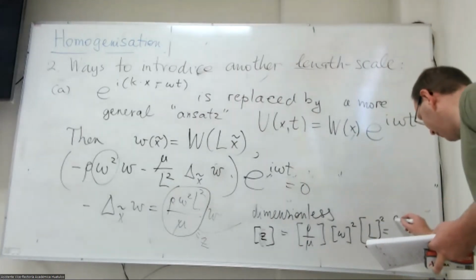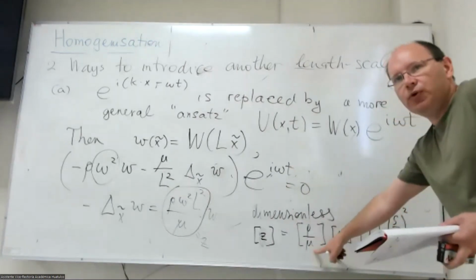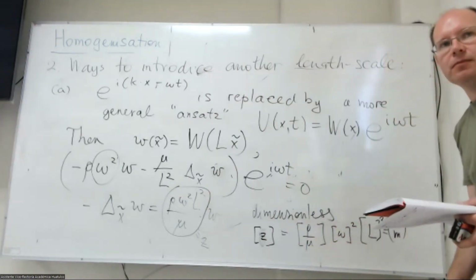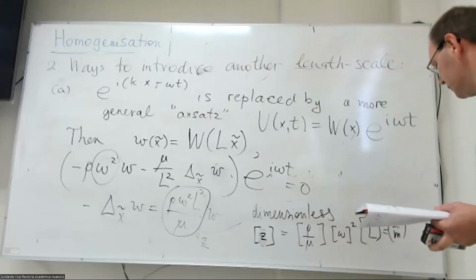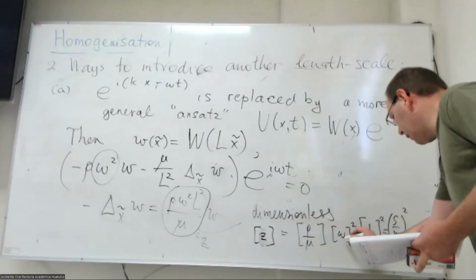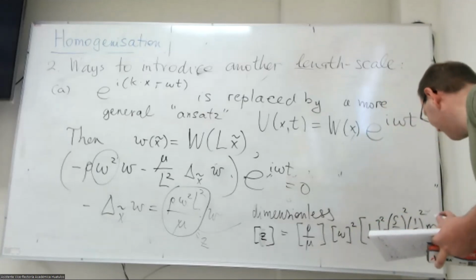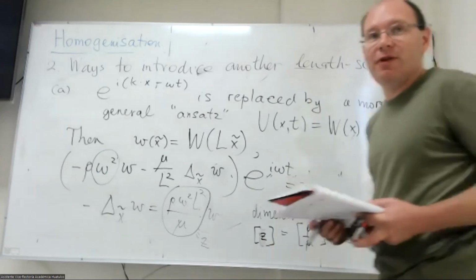Okay, so you can think while I write. Remember, this was mu over rho was meters per second squared. Then we have inverse second squared. Then we have meters squared. So this is dimensionless.